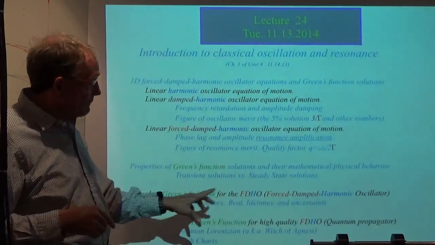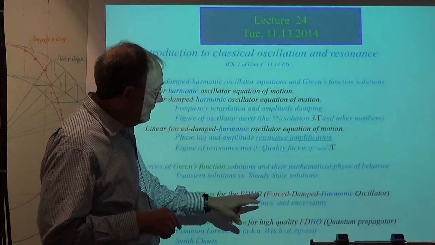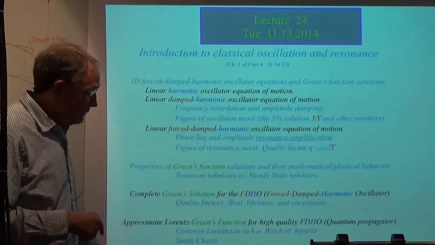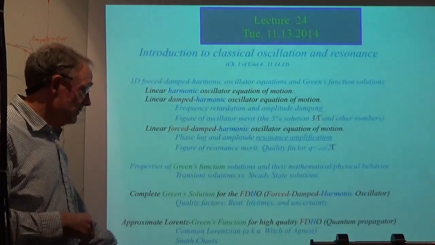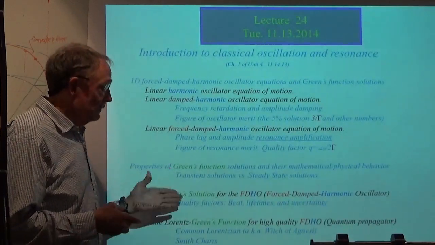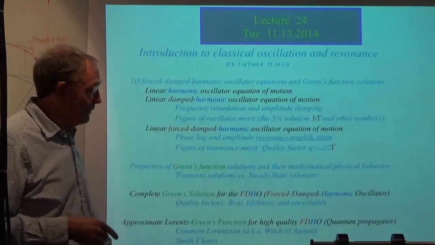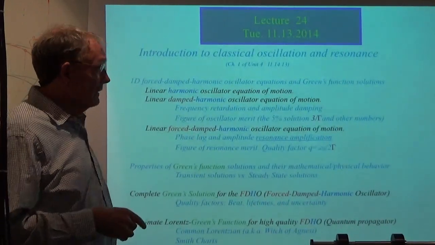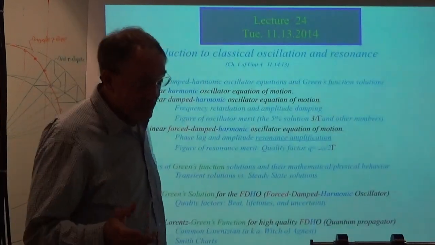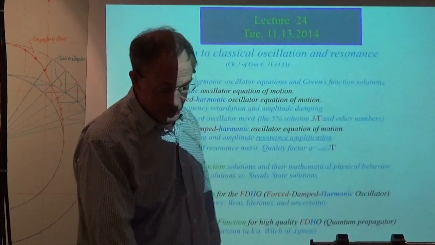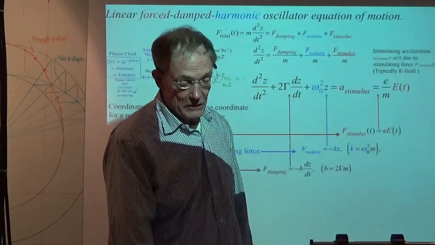And the Green solution for the forced damped harmonic oscillator, I hope to get to a little bit of today. If we rush, we can cover the whole thing. It's probably not a good idea to rush such an important subject, so we'll take it in time. And of course, as always, any questions, you have to stop the professor when you don't understand.